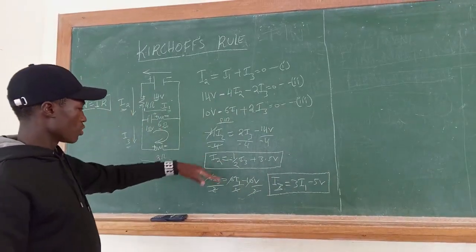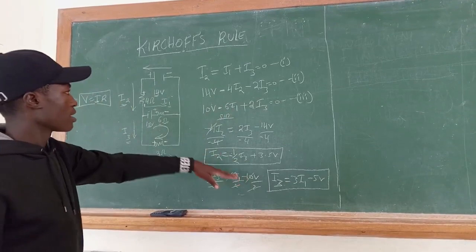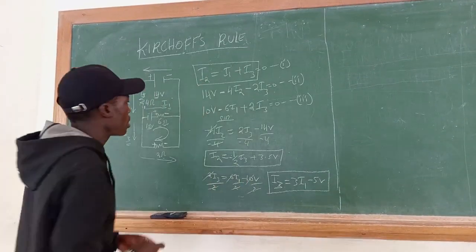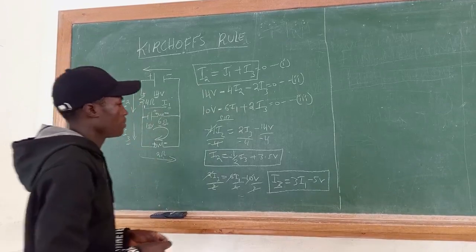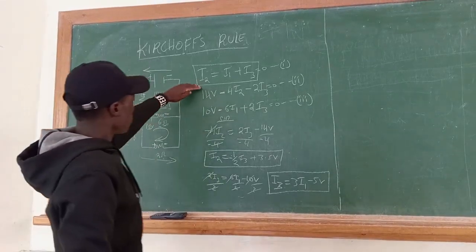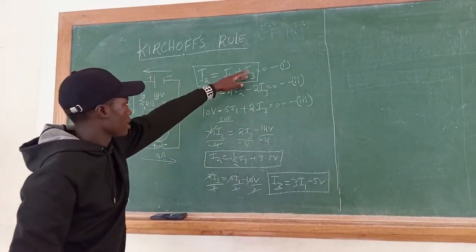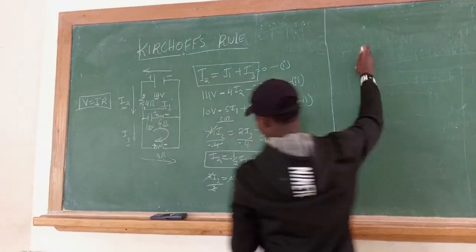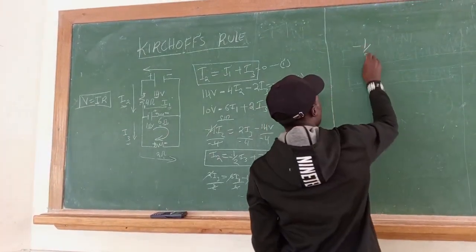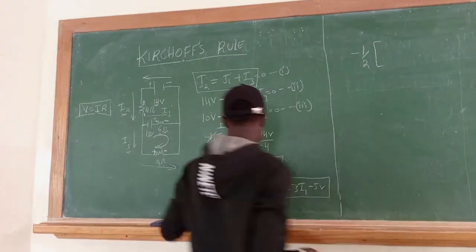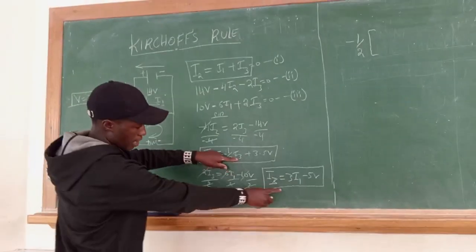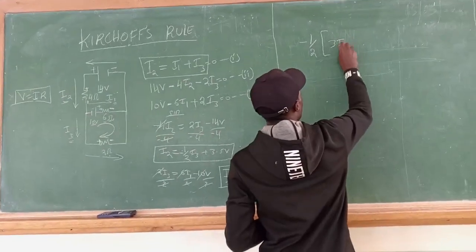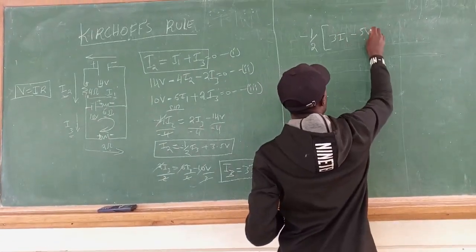So I'm going to use these two equations, that is I2 and I3, together with this first equation to get the total amount of current throughout our system. So I2 is equal to I1 plus I3, and I2 here is the equation for I2. So it is negative half I3, and I3 we have here 3I1 minus 5 volt.